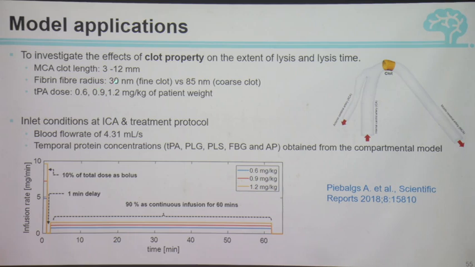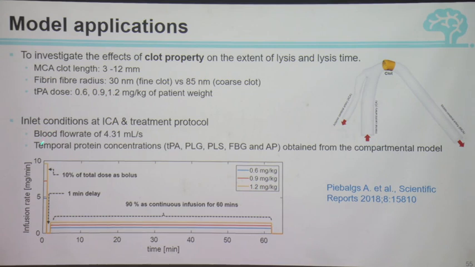This one starts with 30 nanometer, and this represents a very fine clot. If the fibrin radius is approximated as 85 nanometer, this represents a coarse clot. They tried different TPA doses, and all of these are recommended for patients, but the standard is probably 0.9 milligram per kilogram patient weight.